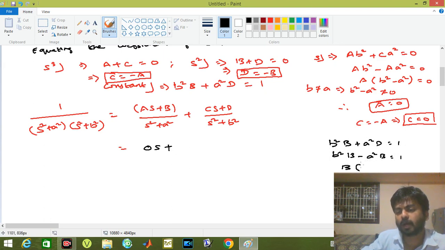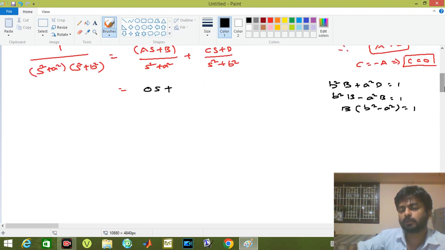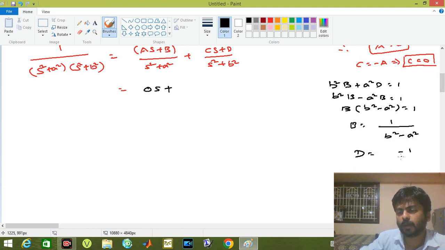You can take b commonly outside: b of (b square minus a square) equal to 1. Already I have told you b square minus a square is not equal to 0. So b equal to 1 divided by (b square minus a square), which means d equal to minus b. That implies d equal to minus 1 divided by (b square minus a square).